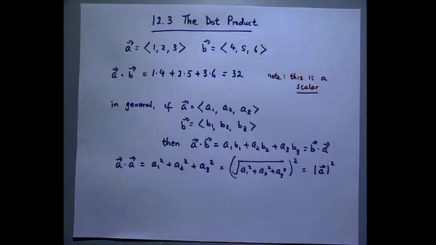And the magnitude of B is 16 plus 25 plus 36 under a radical, and that's radical 77. Now I can use this formula in the red box. 32 is equal to radical 14, radical 77, cosine of theta.